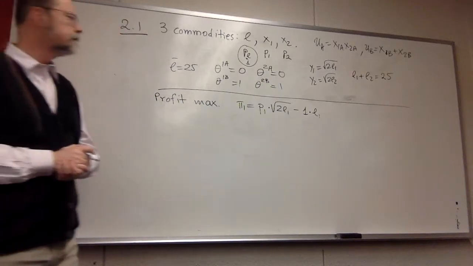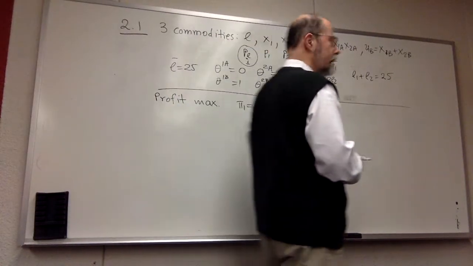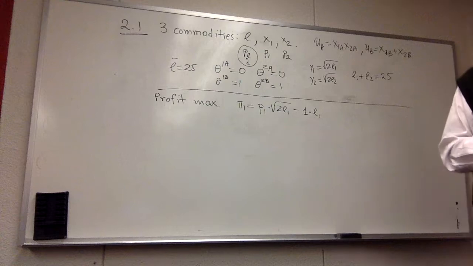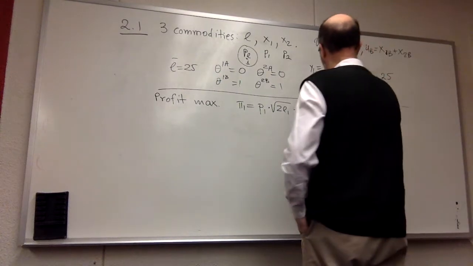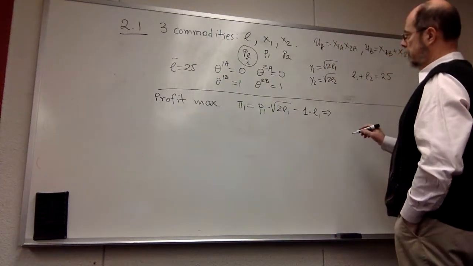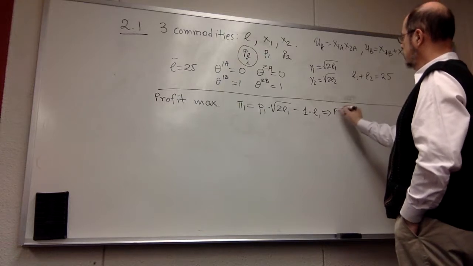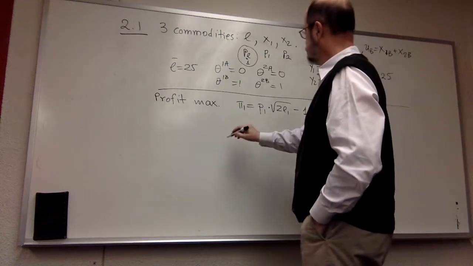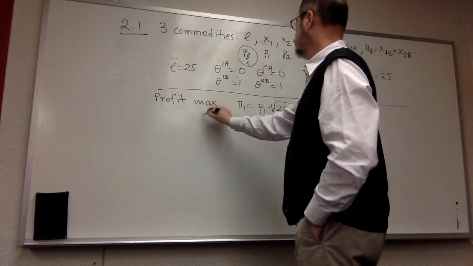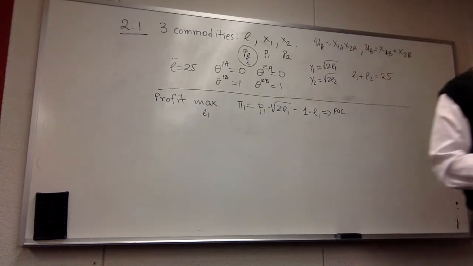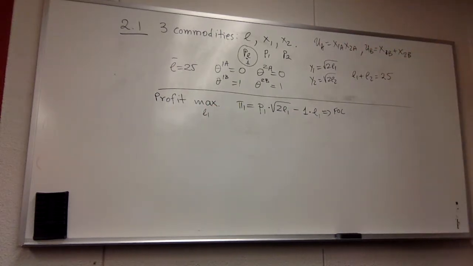Right? Okay, I want to maximize that by choice of L1. So I'm going to maximize this with respect to L1, the only thing that the firm gets to choose. There's only one input.